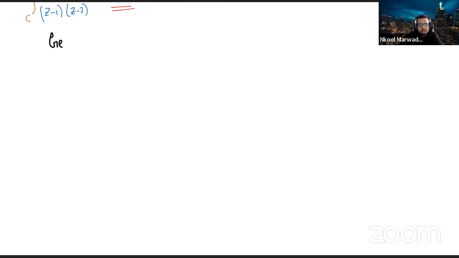Generalization of Cauchy's integral formula. So the Cauchy's integral formula which we discussed, now we will be looking at a general property, like a general formula of it.